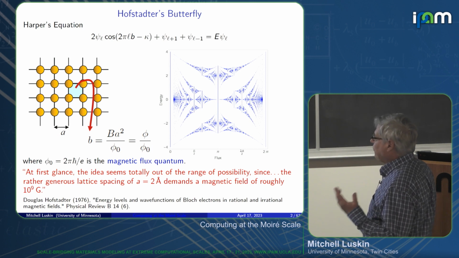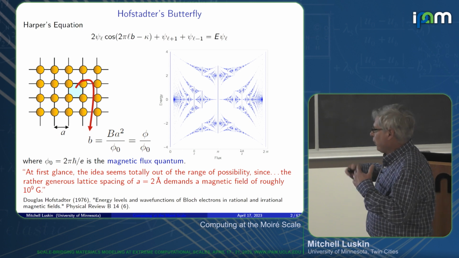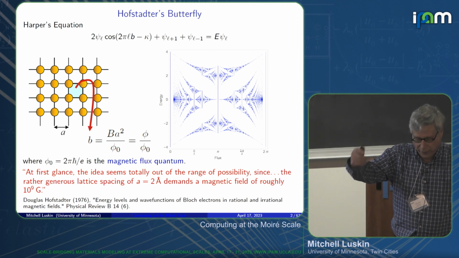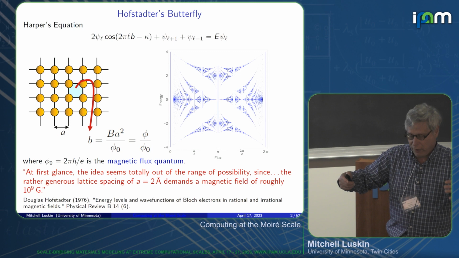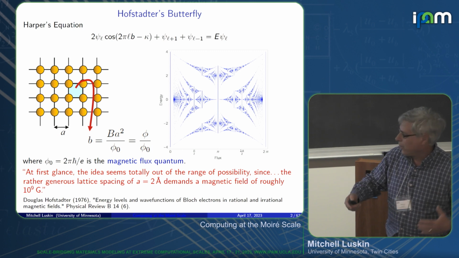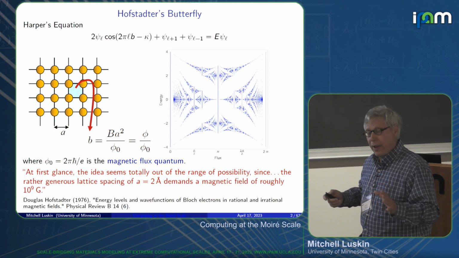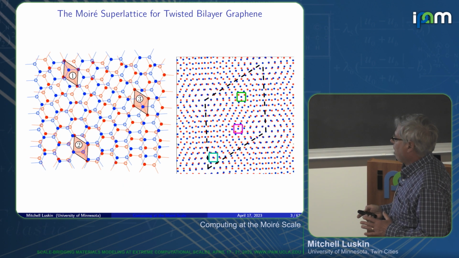So Hofstadter was already aware enough to know that this kind of very direct derivation from a physical argument gave something very interesting, but the physical parameters were outside the range of experimental validation.